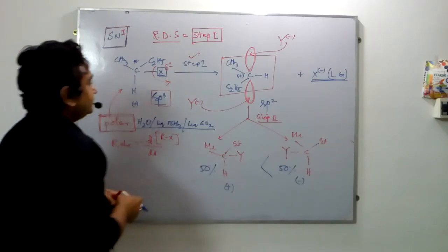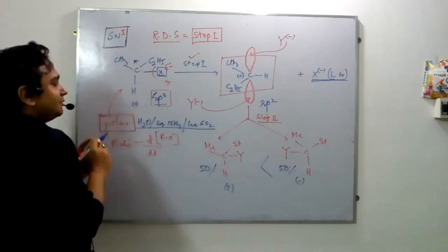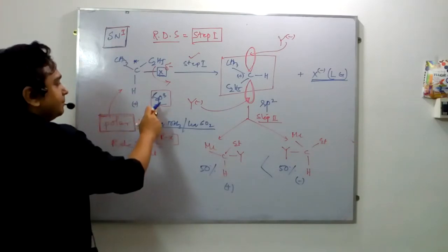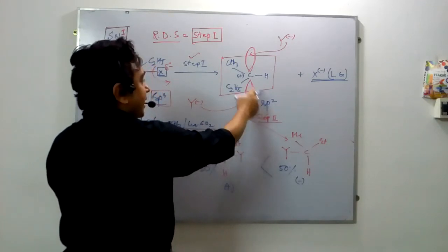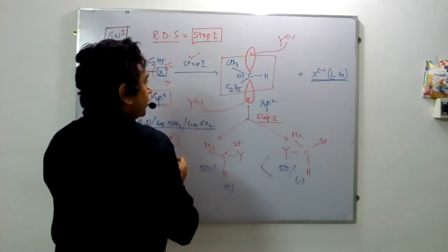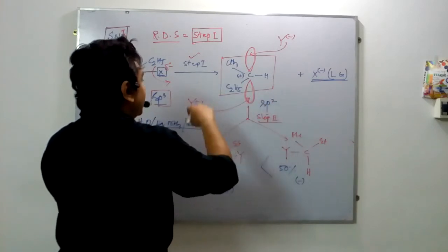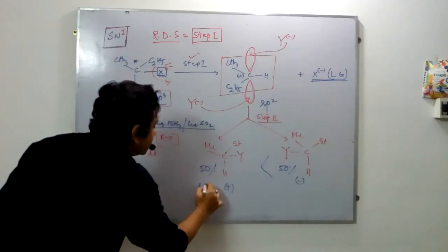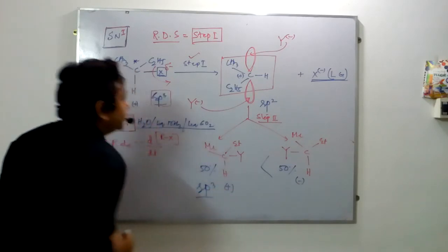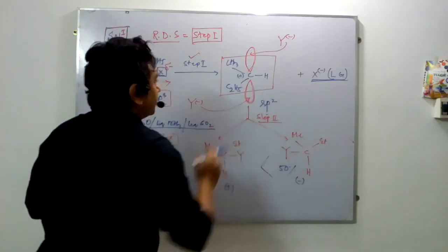Now see, regarding hybridization, what I have just told you: the hybridization will change from sp3 to sp2 temporarily as the intermediate is going to form, and again it will retain its chirality. Then again the hybridization will change to sp3. So this is simply a temporary phenomenon.